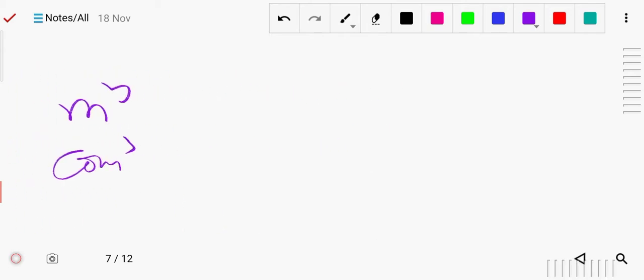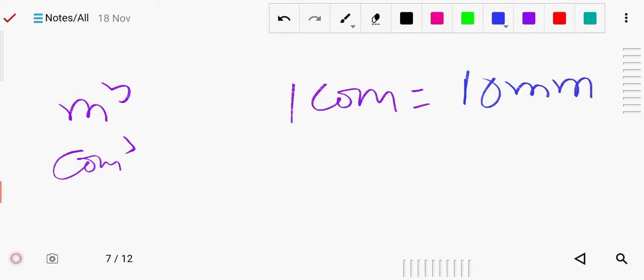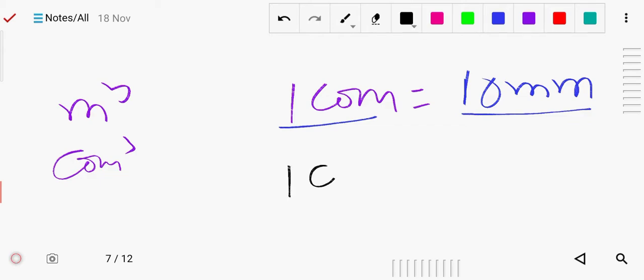Let me show you. You know that in 1 centimeter there are 10 millimeters. But now suppose we cube both sides: on this side we cube 1 centimeter, and on this side we cube 10 millimeters. Cube means 3 times.